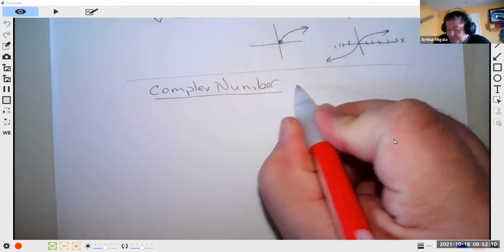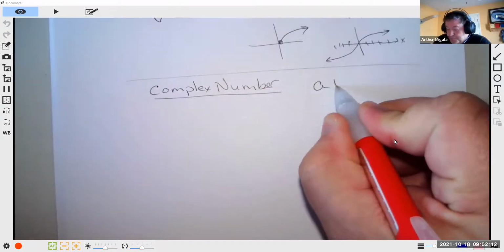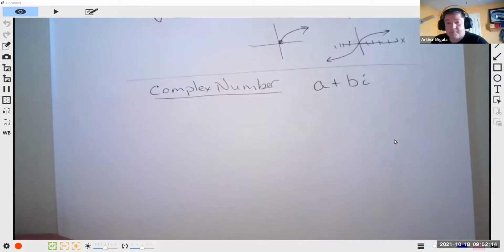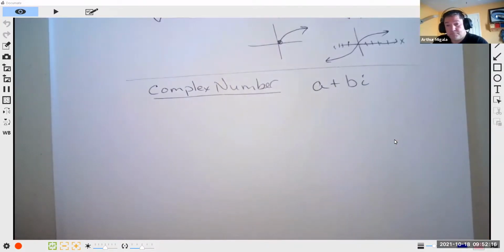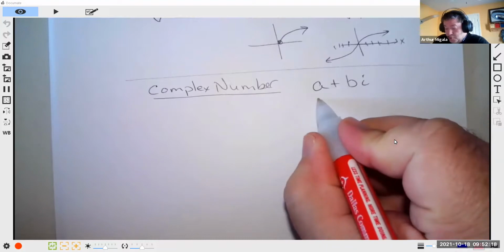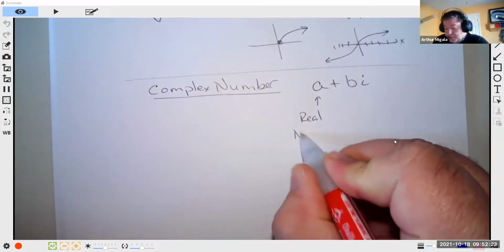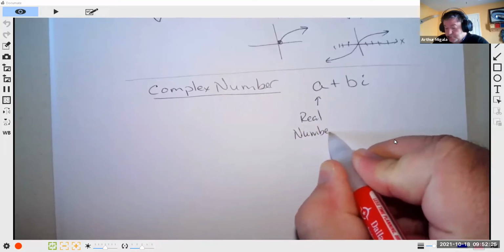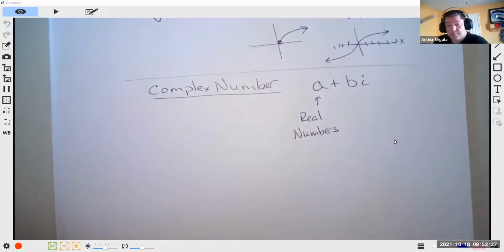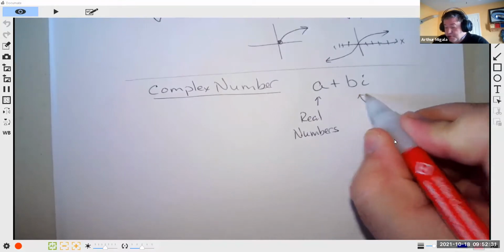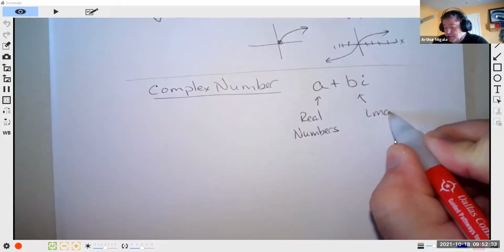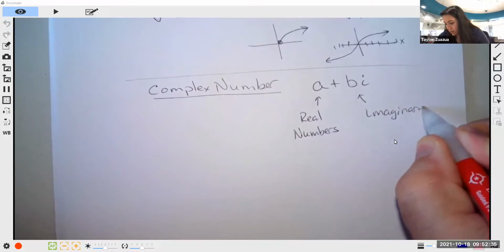A complex number has this form: a plus bi, where the a represents the real numbers and the b represents the imaginary numbers.